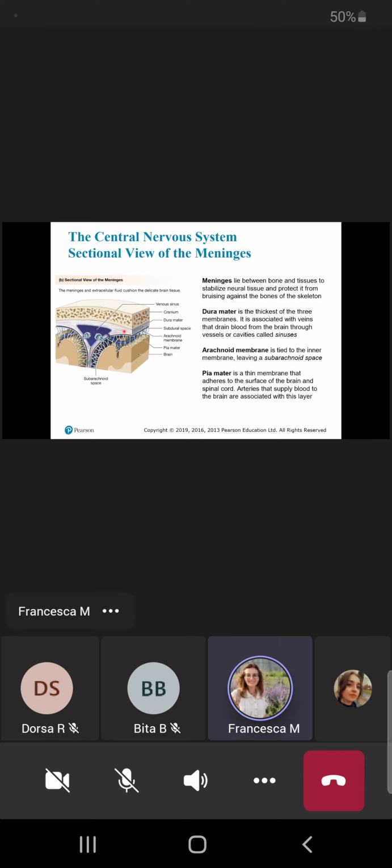You can see that the dura mater is strictly connected with this cavity, these structures that are the sinus. Sinus are these structures, they are not empty, they are not composed by tissues, but they are associated with veins, and so they support the drain of blood from the brain. So it's the way through which the blood moves out of the brain using this sinus.